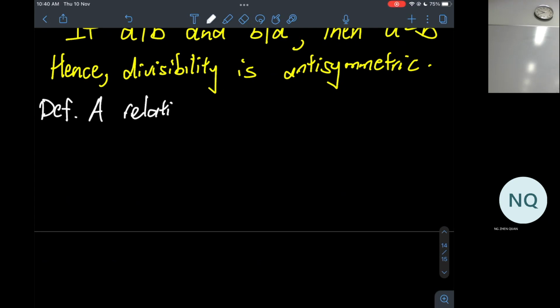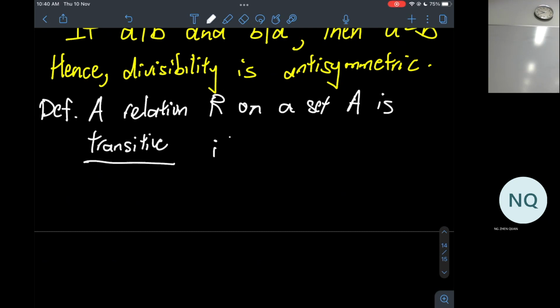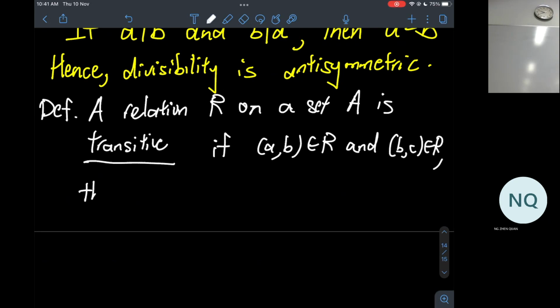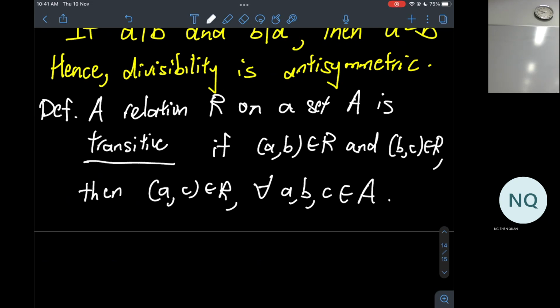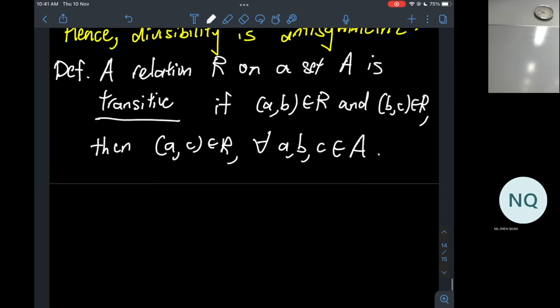A relation R on the set A is transitive if a and b are related and b and c are related, then we can relate all the way from a to c. Okay, transitive.